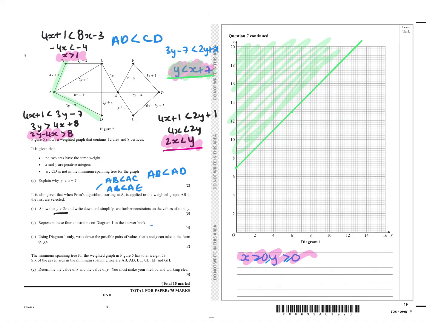The next line we're going to do, 2x is less than y. So for every one across we go up 2, one across up 2, one across up 2. And this is our next line that we have.